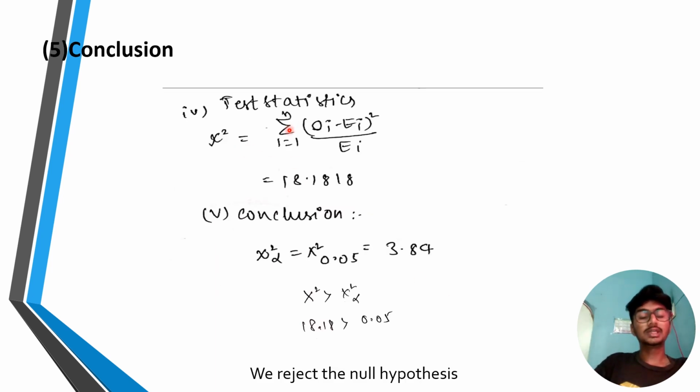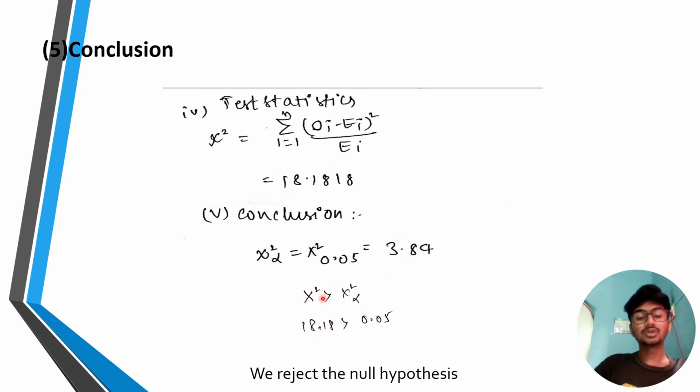Next, the chi-square test statistic is equal to sigma of i equals 1 to n (Oi minus Ei) whole square by Ei, that is the sum of all these values from the previous slide. So that is 18.1818. So the conclusion: chi-square of alpha equals 3.84.